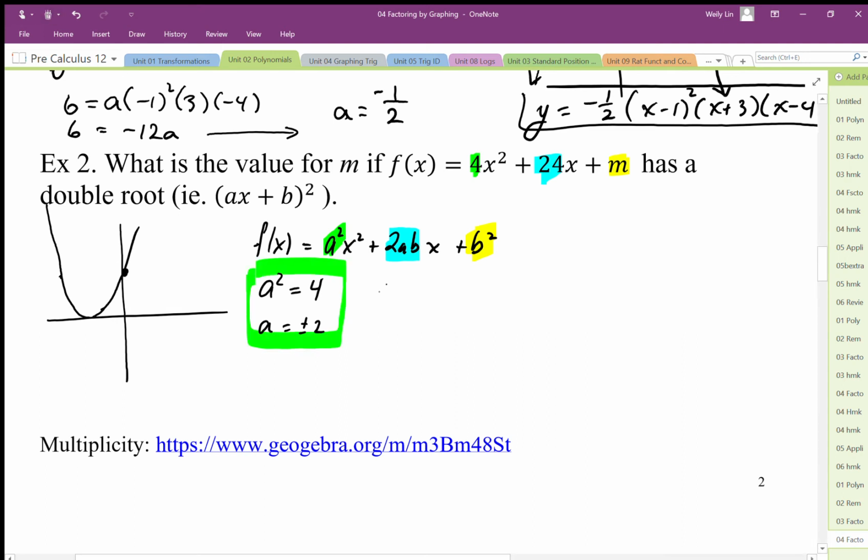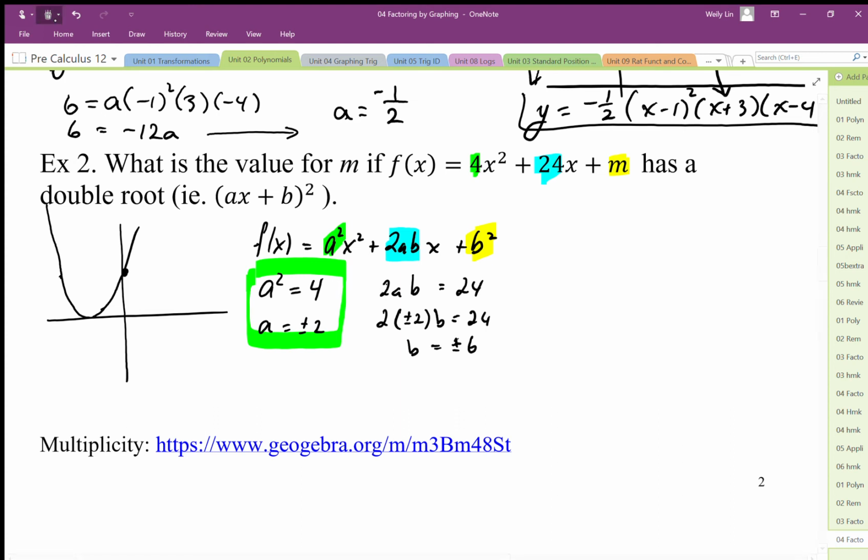I can say that 2ab is equal to 24. I know that a is going to be, let's say plus, well, we'll say plus minus 2 times b. Okay, so b is equal to 24 divided by plus minus 4. So b could be plus or minus 6.